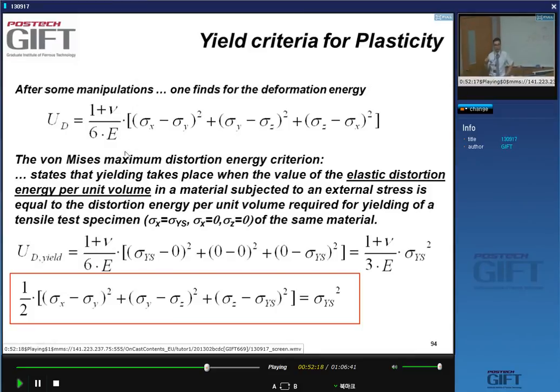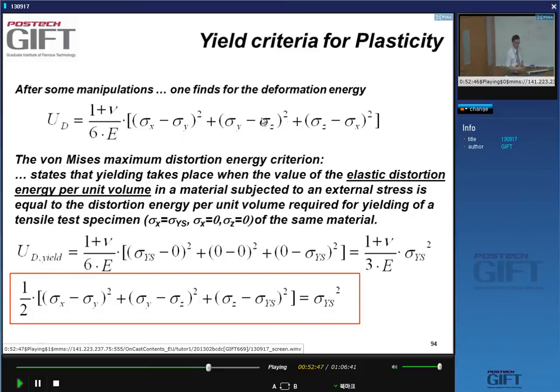And now we look at one of the many criteria for the initiation of yield, of plastic deformation, and a very famous one is that of von Mises, which we can actually use in many cases when we're thinking about deformation of steel.